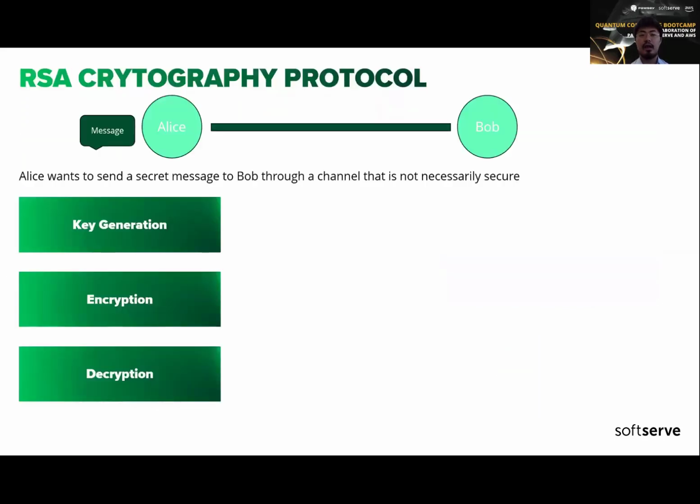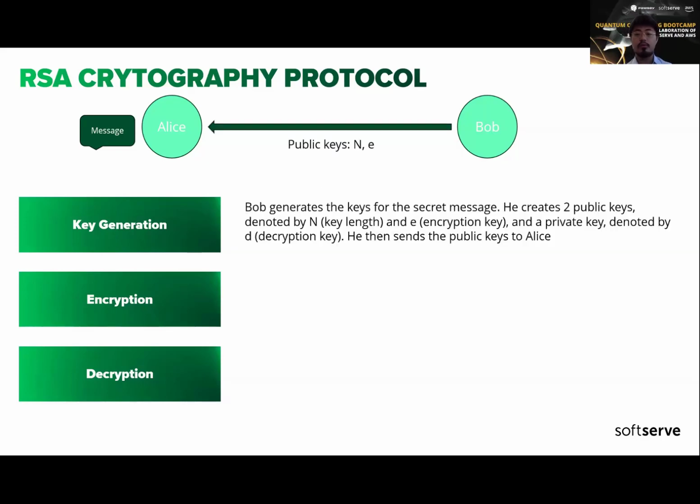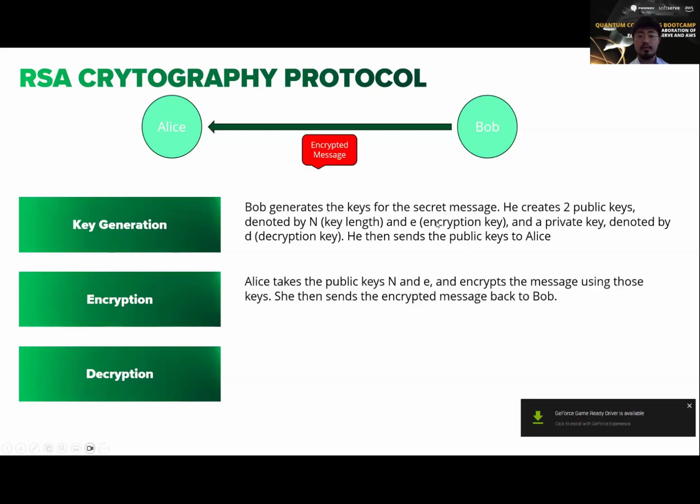The RSA cryptography protocol is about Alice wanting to send a secret message to Bob through a channel that is not necessarily secure. In order to do that, Bob generates some public keys. Alice encrypts a message using the public key that Bob generates.